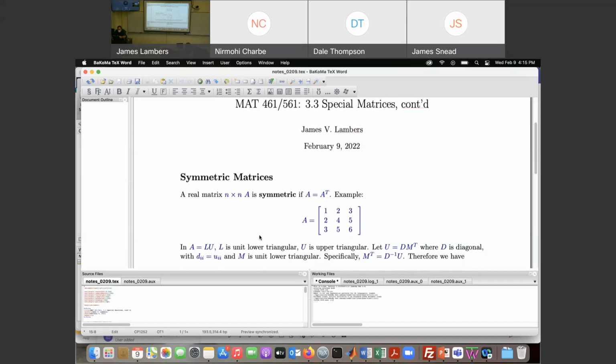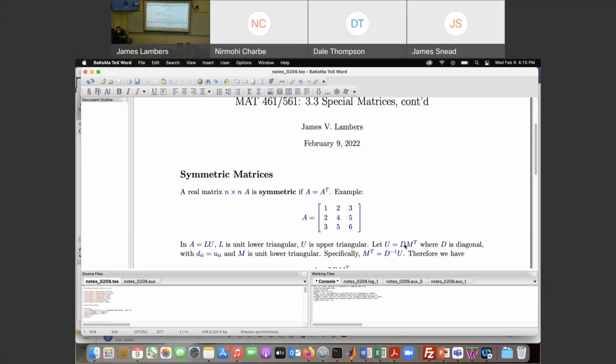Suppose we try to write the LU decomposition a little differently, where I break U down into a product of a matrix D, which is diagonal, and then M transpose, where M is also unit lower triangular. So therefore M transpose is unit upper triangular. And the entries of D are just the diagonal entries of U. So it's pretty simple to obtain this decomposition.